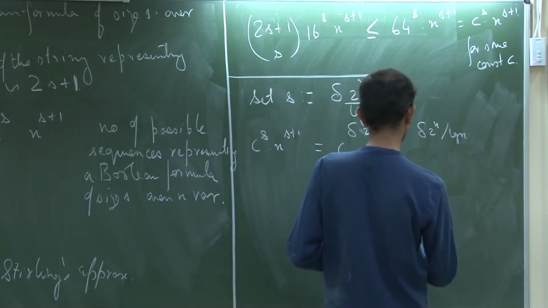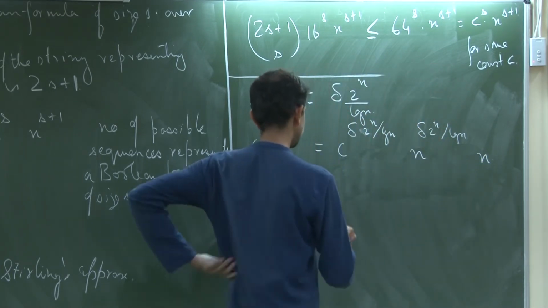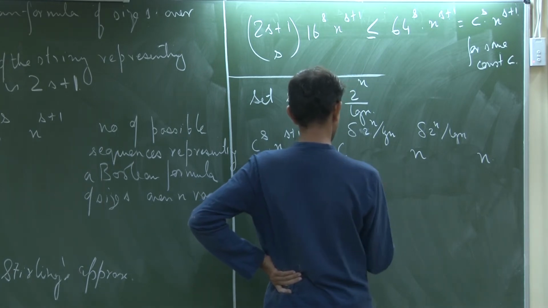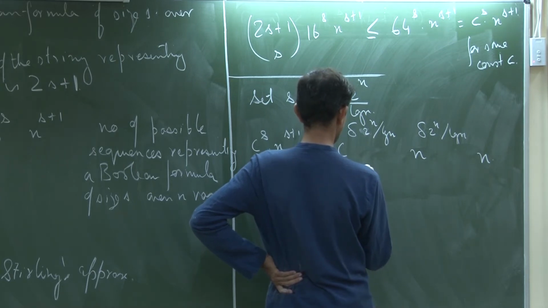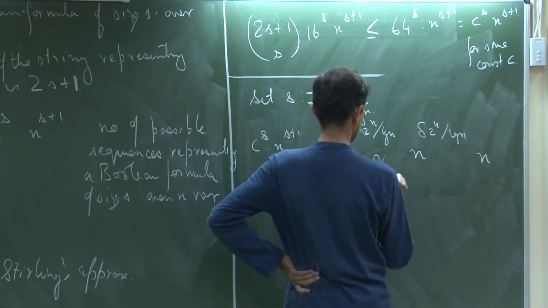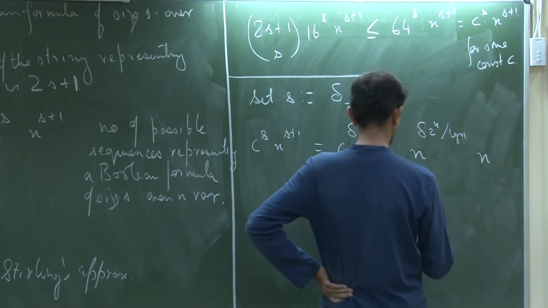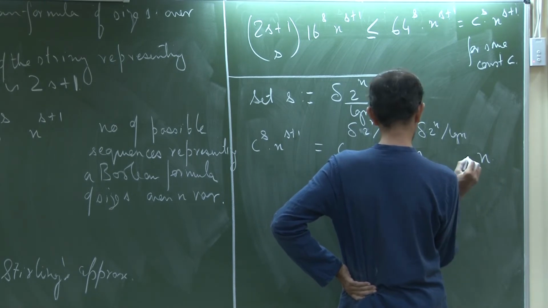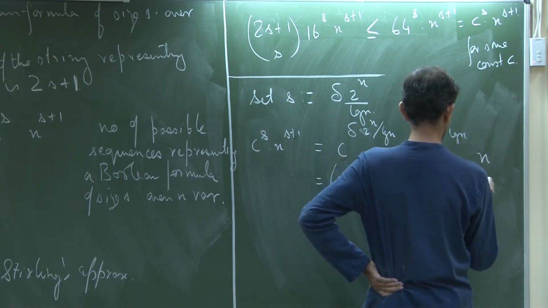Sorry, so this was n to the power this times n, right. So, we can write this as C raised to the power 2 raised to the power n whole delta by log n, and this I can write as n raised to the power 2 raised to the power n delta by log n.